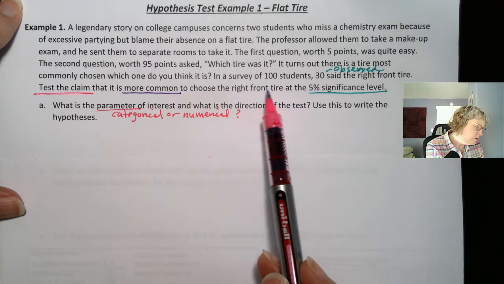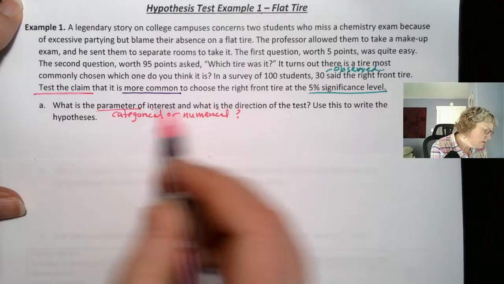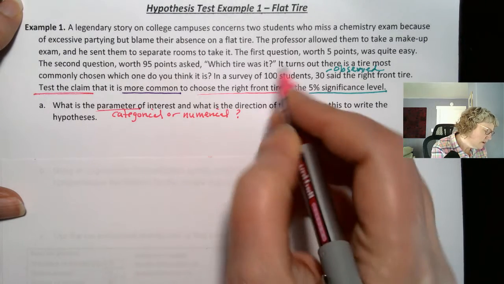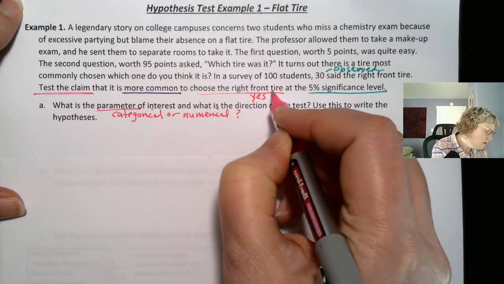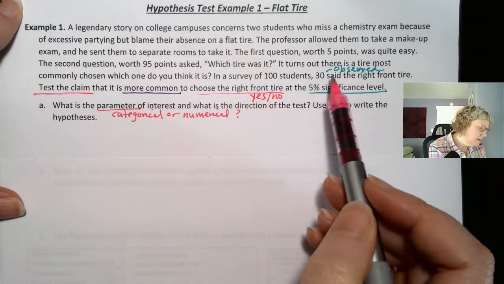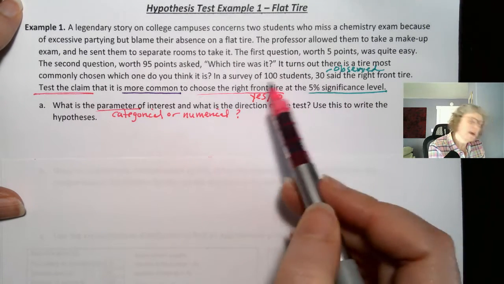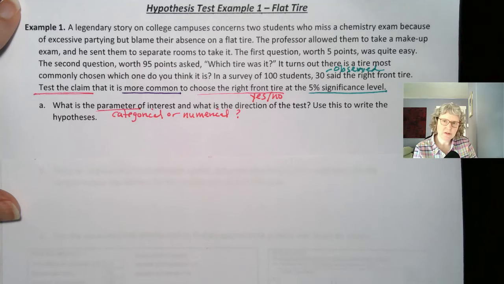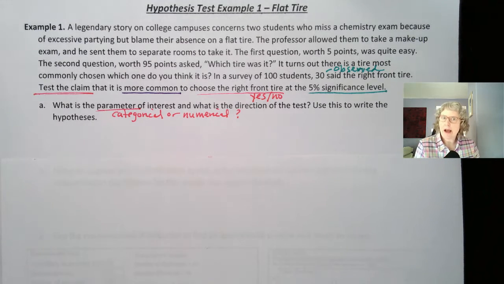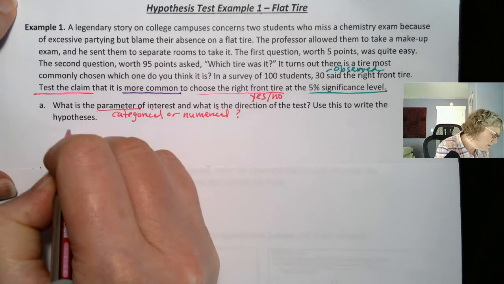And another way to tell, this is a yes-no question, and then our statistic is 30 out of 100, so that's a proportion also. So that tells us it's not an average, like 40 pounds or whatever. So our parameter is p.